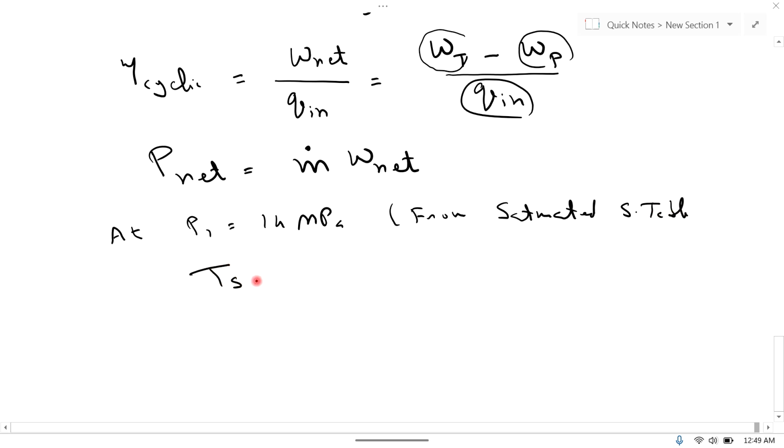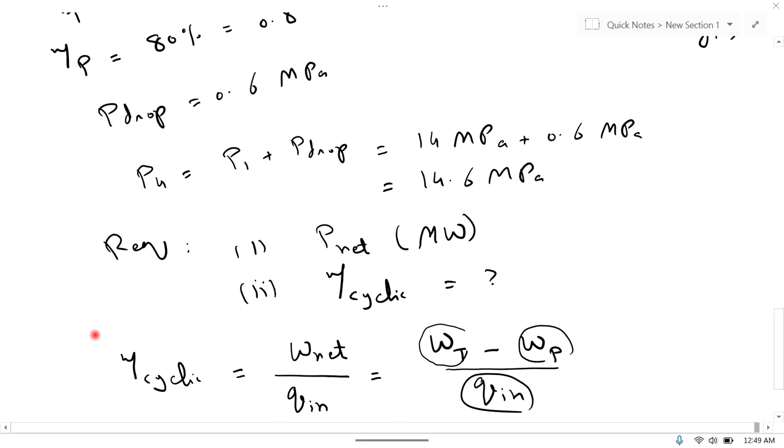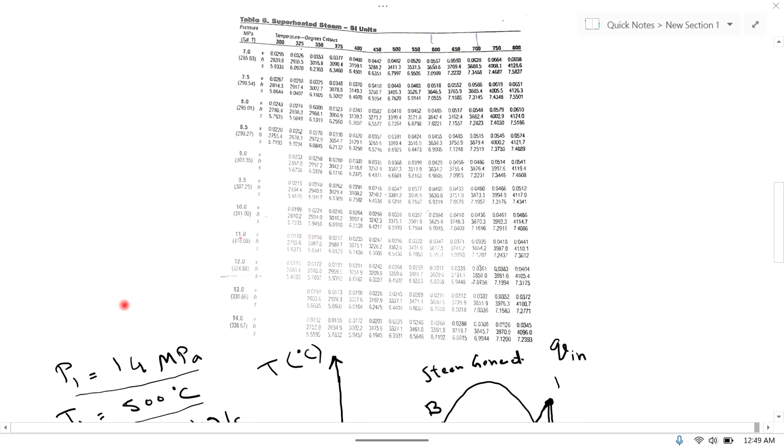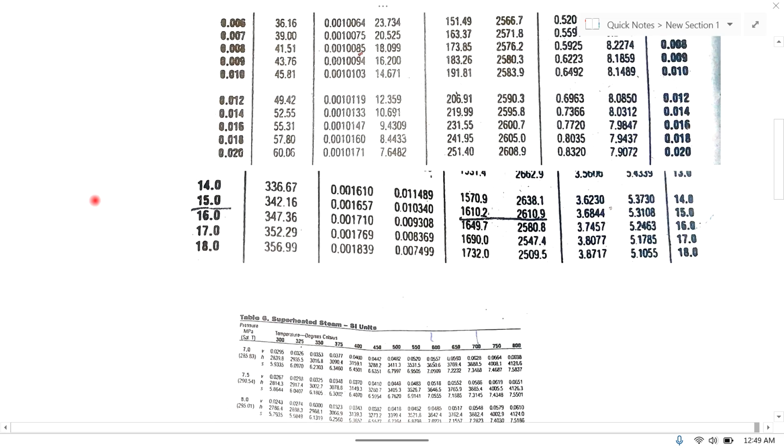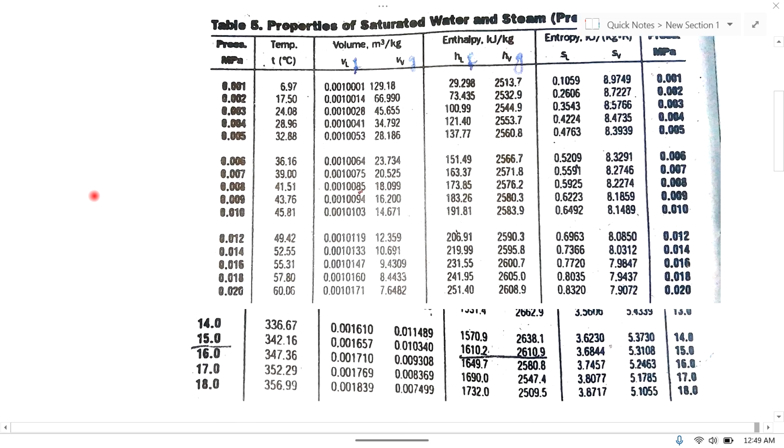saturation pressure is given in the table. This is pressure, and this is the saturation temperature. This is 14, pressure in megapascal.